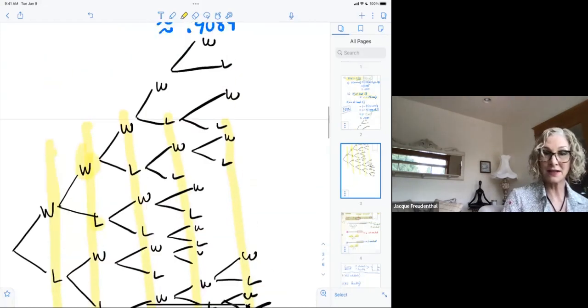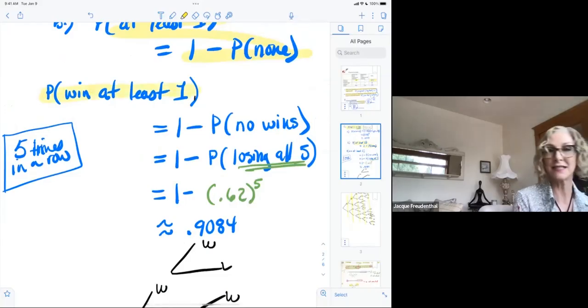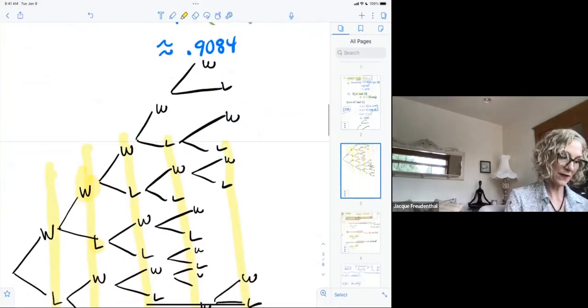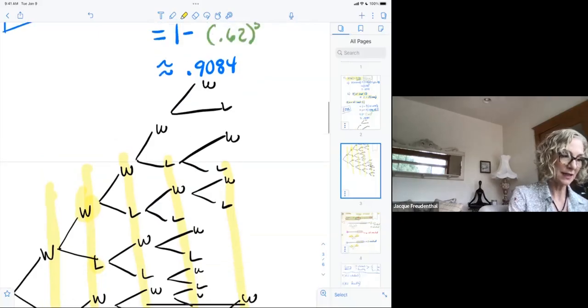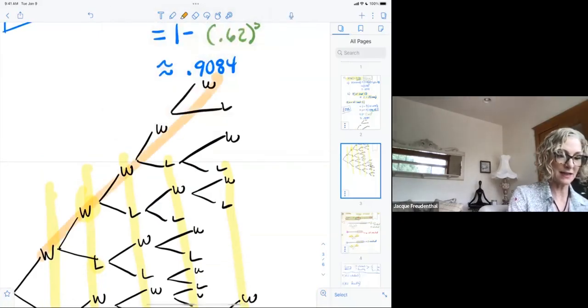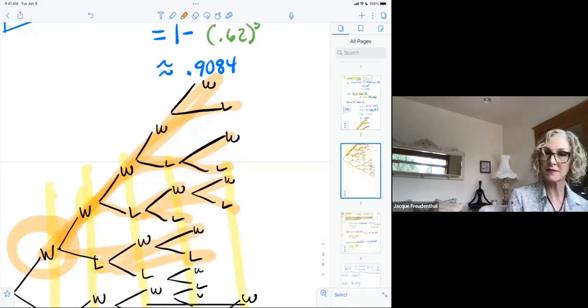So what we calculated, what is the probability that we win at least once? If I win at least once, that would be this first case, or this case, or this case, or this case, right? It would be all of these, because I'm winning at least once.